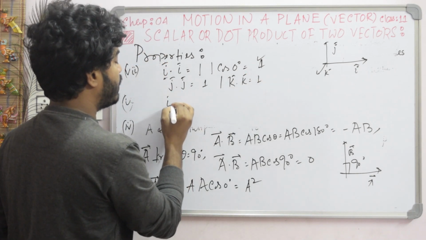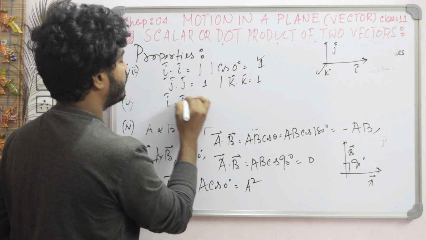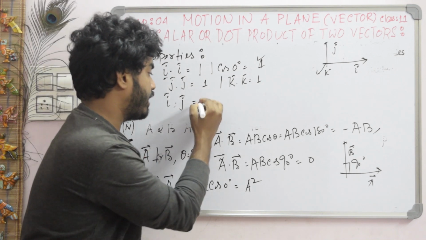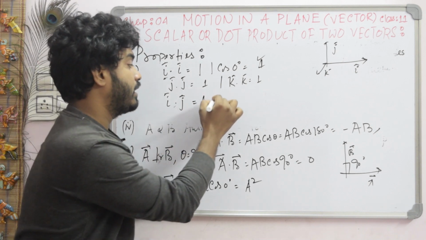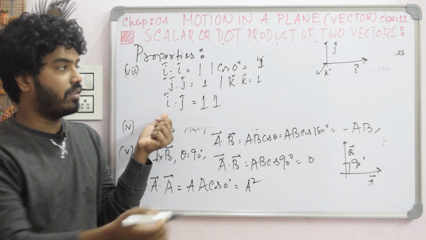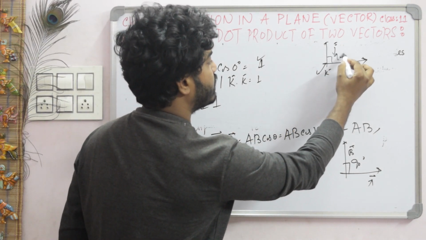Now, what is the value of i dot j? At first you have to write down the magnitude of i, that is 1, then the magnitude of j, that is 1. Now check, i is the unit vector along the x axis, and j is the unit vector along the y axis. So the angle between them is 90 degrees.